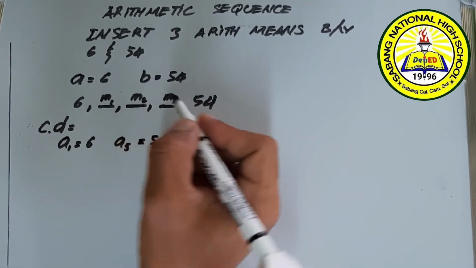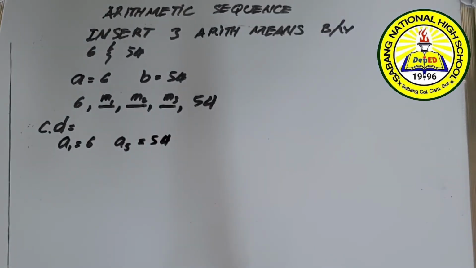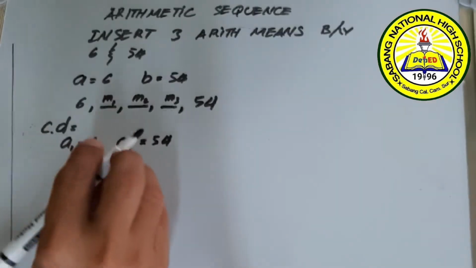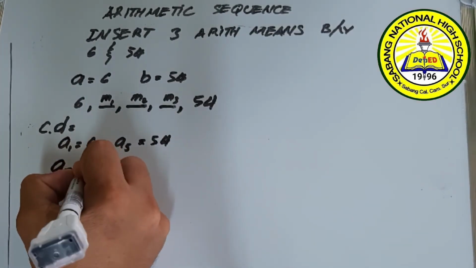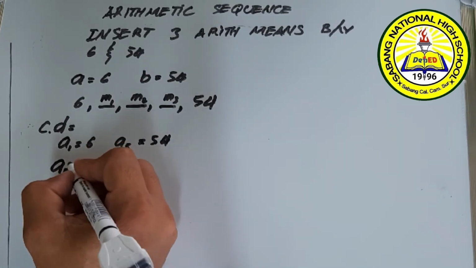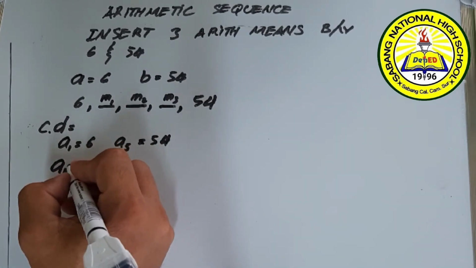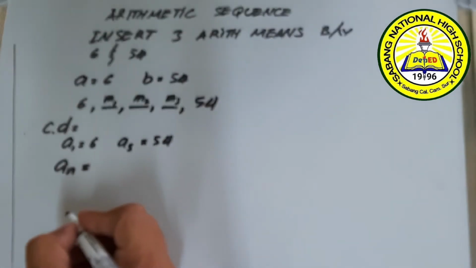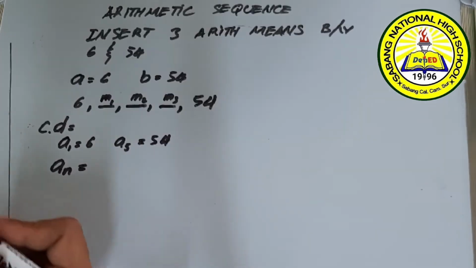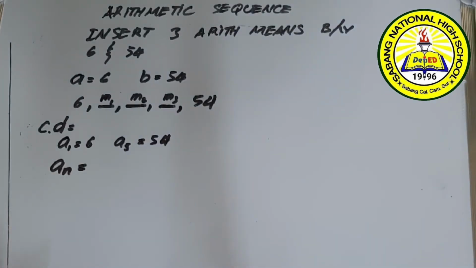Now, let me introduce to you the formula for an arithmetic sequence. How to find the nth term of an arithmetic sequence. A sub n, where a sub n stands for the nth term, any term of an arithmetic sequence. This can be the second term, the third term, the fifth term, the 100th term, any term, as long as the needed givens are there.